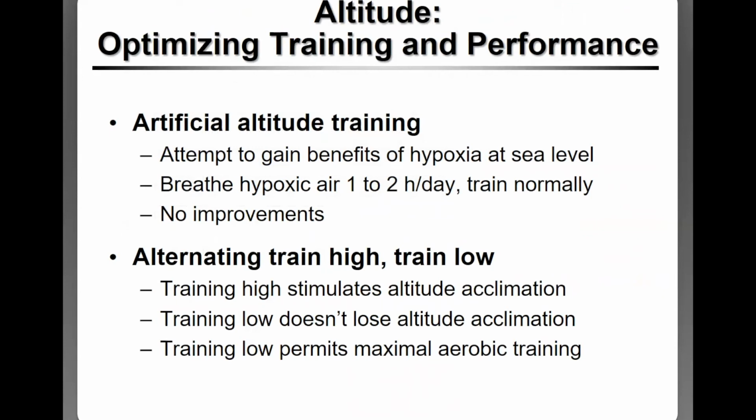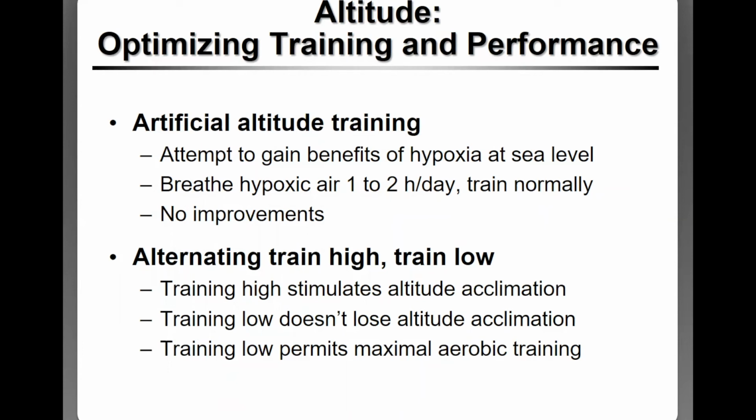So artificial altitude training is effective in the sense that if you breathe hypoxic air 1 to 2 hours a day and train normally, that previous study that I showed, the oxygen saturation improved. However, there's contradicting controversy around this concept, where artificial altitude training in some studies has shown no improvements in exercise performance.